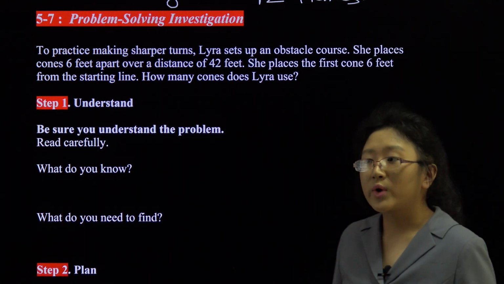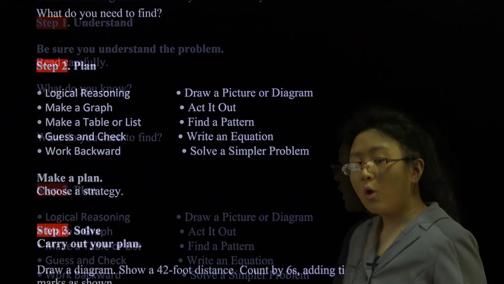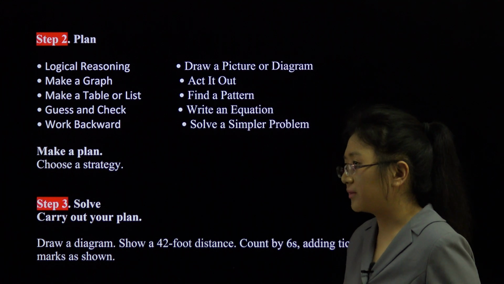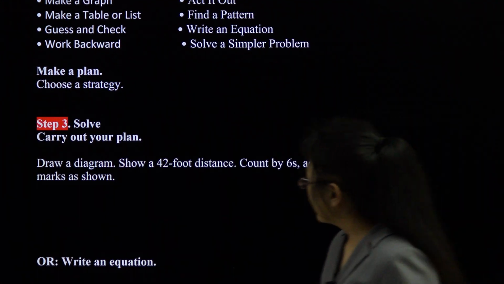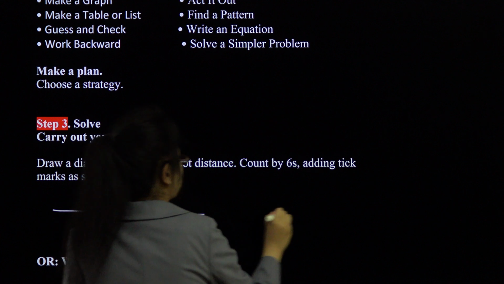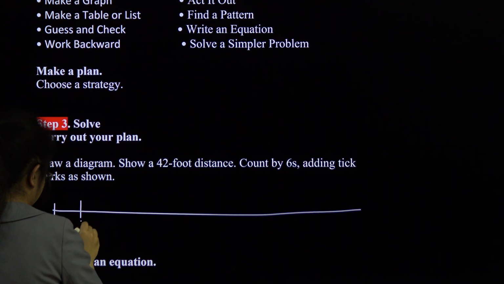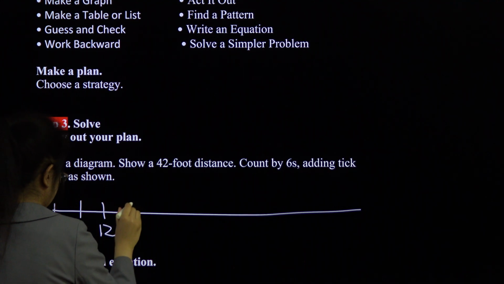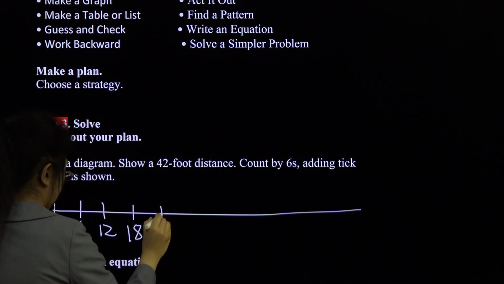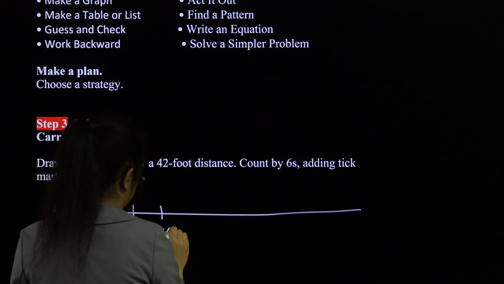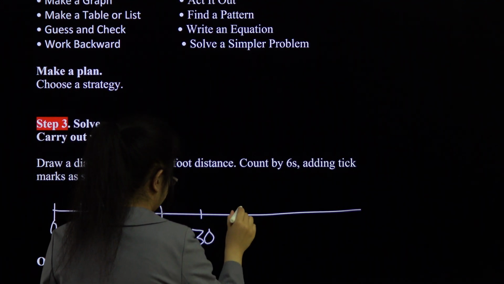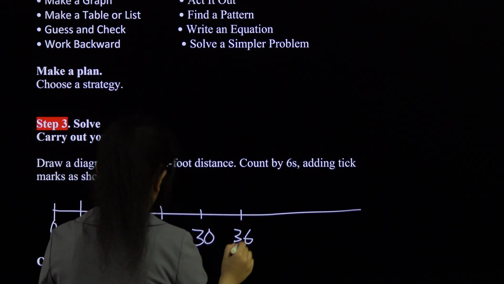For our plan, we could use math, algebra, or we could draw a picture. Well, a diagram. So the diagram will look something like this. And we would count starting from 0 by 6s. 18, 24, 30, 36.